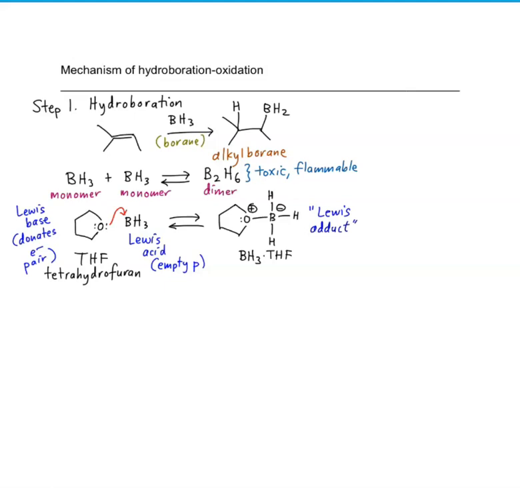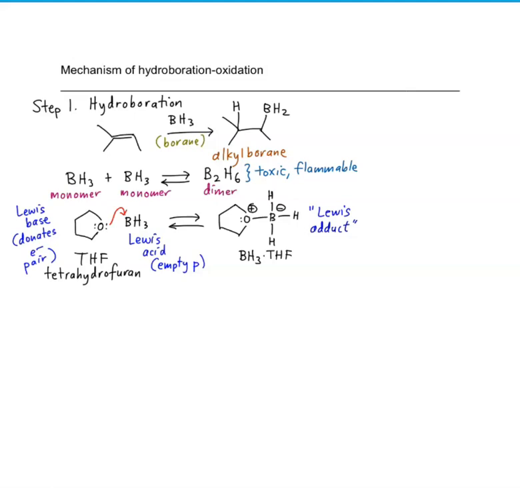Okay, so how does this happen in the first step? How does the alkene get hydroborated? Remember that the boron in BH3 is sp2 hybridized. It's forming 3 bonds, and so it's short an electron. It has an empty p orbital. So the alkene is going to use its pi electrons to attack the empty orbital in the boron.